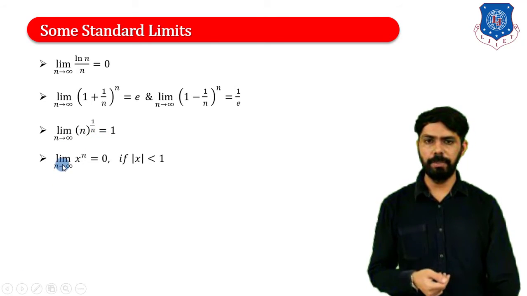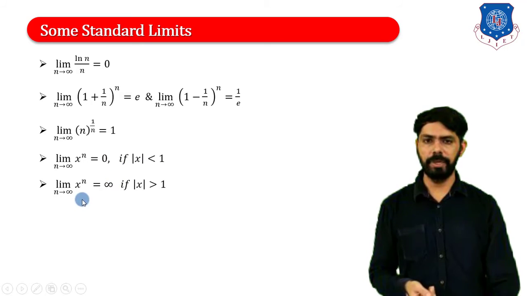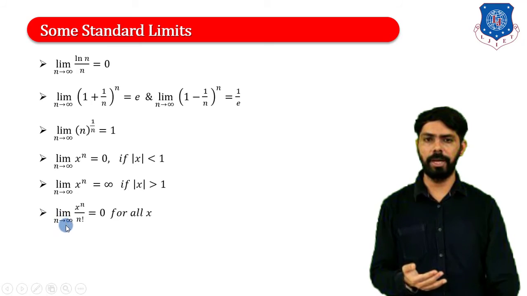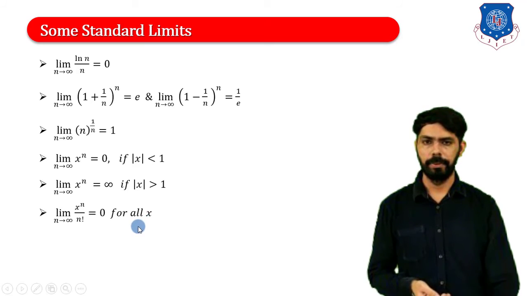Then the next one is limit n tends to infinity x raised to n is equal to 0 if modulus of x is less than 1. Then limit n tends to infinity x raised to n is equal to infinity if modulus of x is greater than 1. Then limit n tends to infinity x raised to n divided by n factorial is equal to 0 for all x.